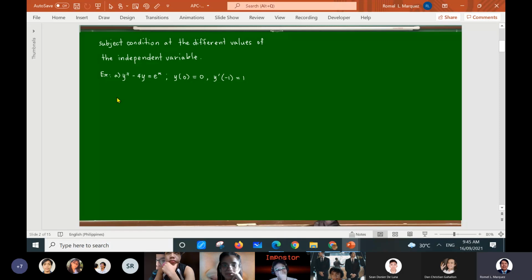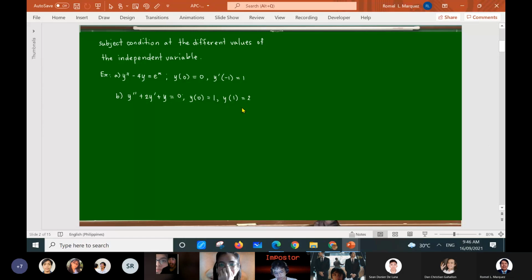So letter B, we have, let's say, y double prime plus 2y prime plus 1y is equal to 0, subject to the condition that when x is 0, the value of y is 1. When x is positive 1, the value of y is equal, for instance, to 2. So we have these two conditions.